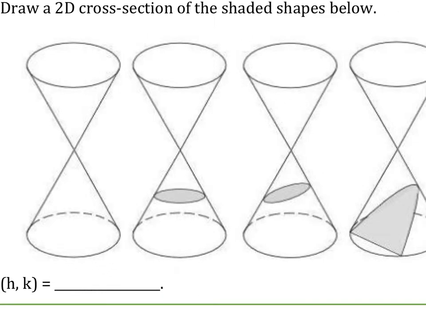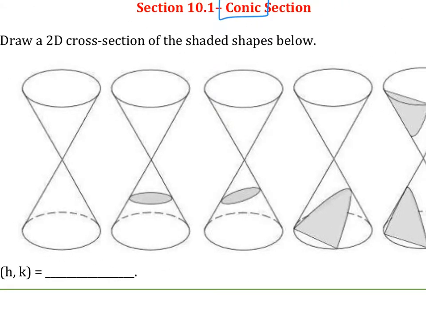And what we're looking at is if you were to cut this cone apart in certain directions, what would the cross section look like? For example, this first one, just ignore it. The second one, if you were to cut this cone parallel to the bottom of the cone, you cut it and then you look at it, what kind of shape is this one?